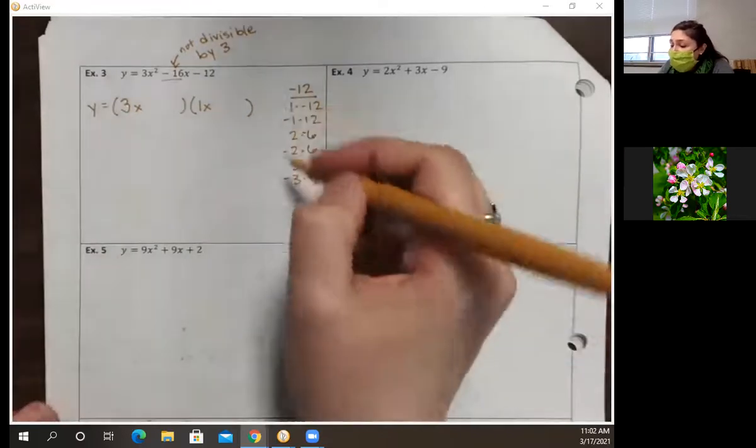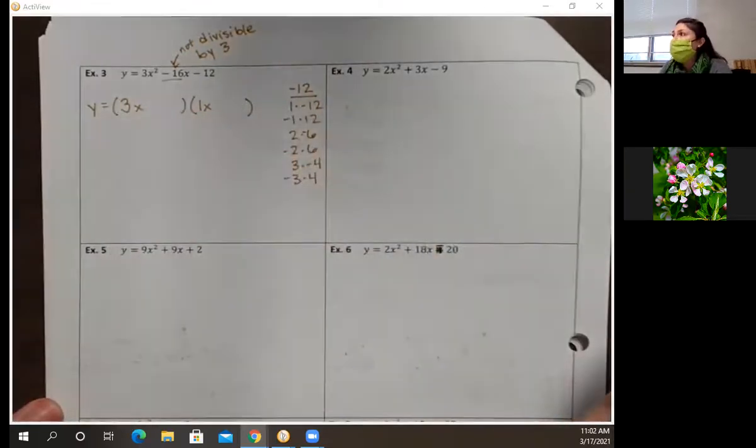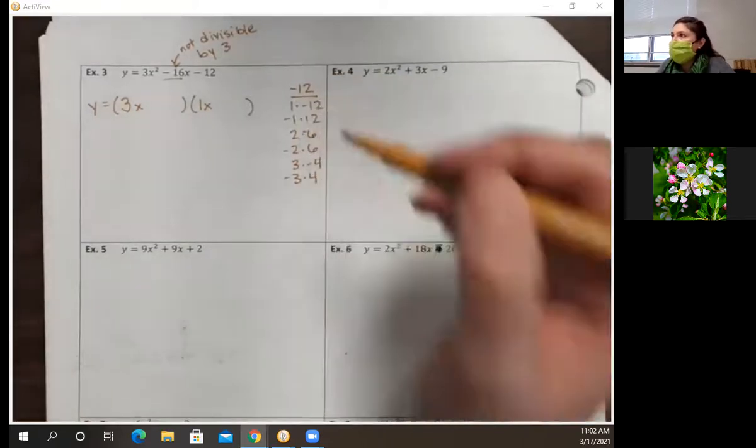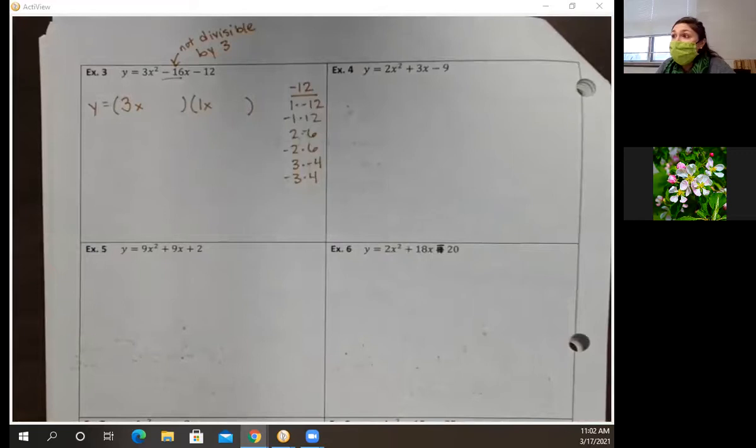One of these numbers I'll multiply by 3 before I add them together. So the tricky part is figuring out which one's going to get multiplied by 3 out of the pairs that I have listed. For today's work, you might have to do some guessing and checking, and that's okay. It's okay to try something and then it not work. Then try something else.